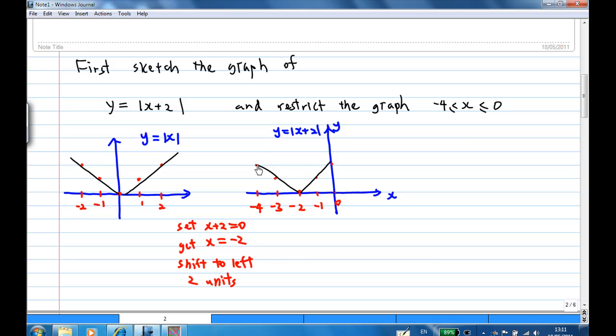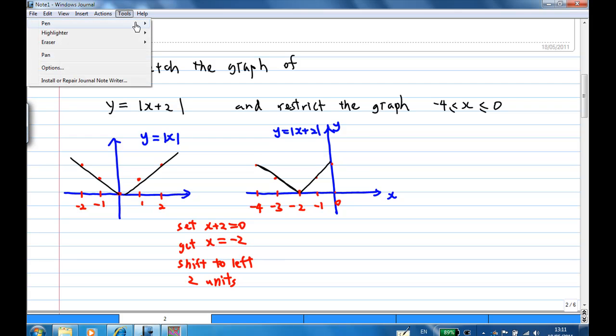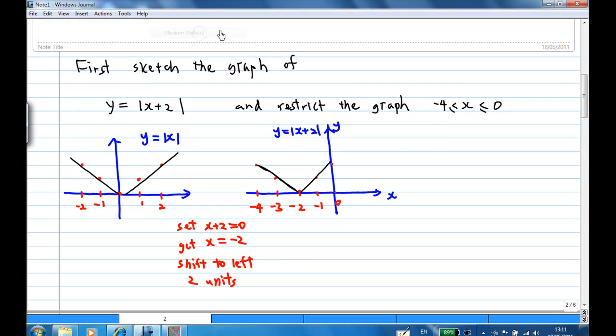And you're only interested in the piece from minus 4 to 0. That is enough for the graph of y equal absolute value of x plus 2, as we are only interested in the graph from minus 4 to 0. So that finished the graph of the first piece.